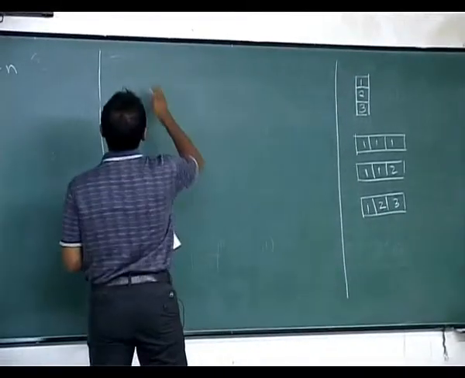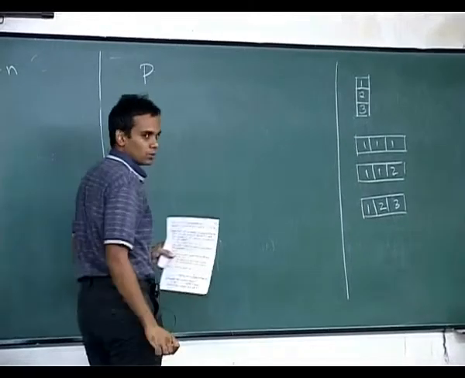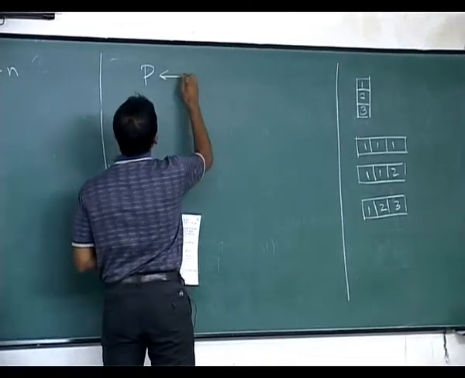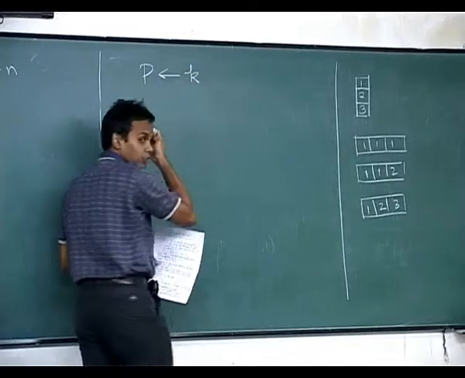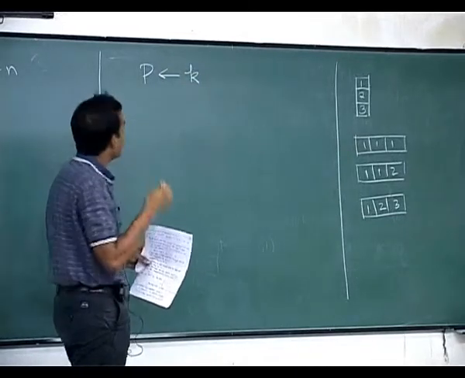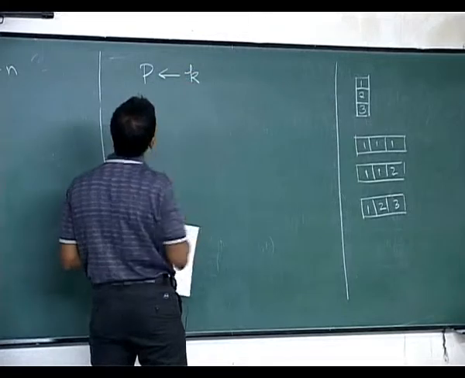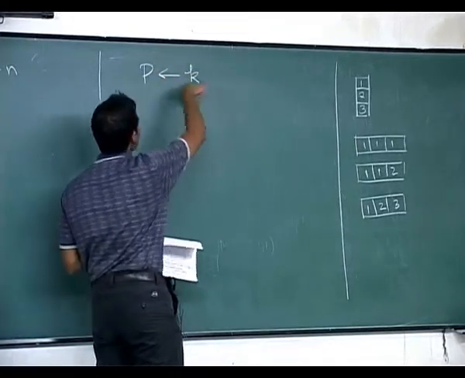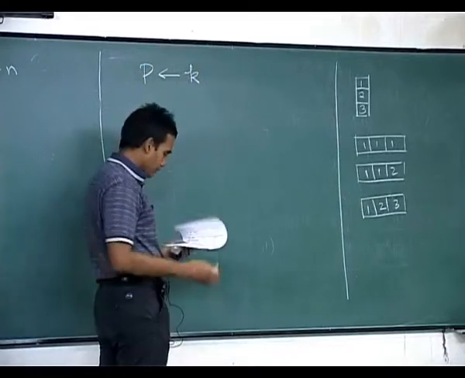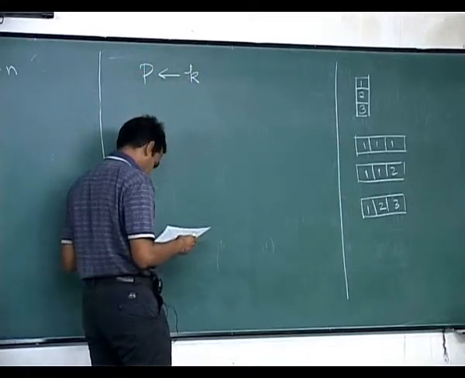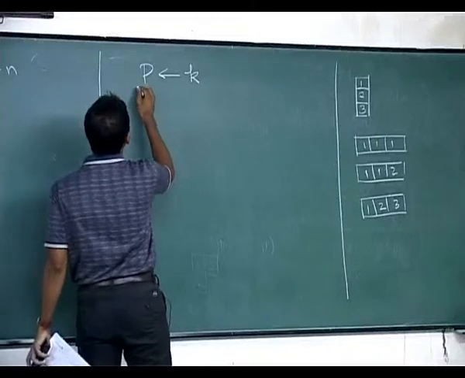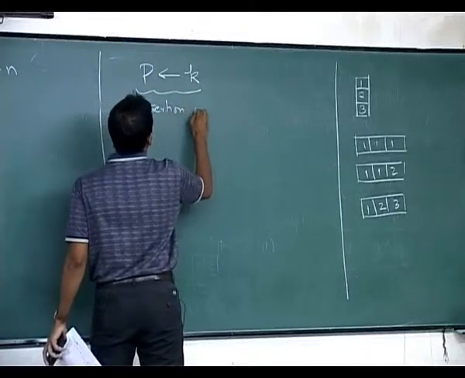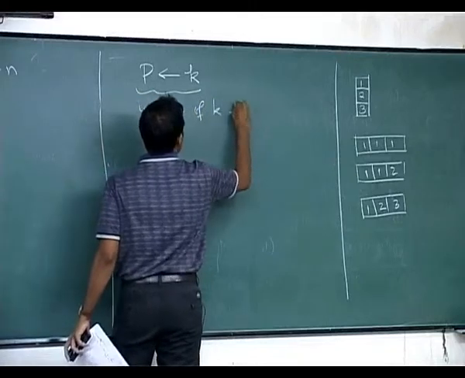You start with the semi-standard Young tableau you call P, and you insert into it an integer k, and you end up with a new semi-standard Young tableau which is denoted by this symbol. Let me describe this algorithm for you. So, this is called the insertion of k into P.